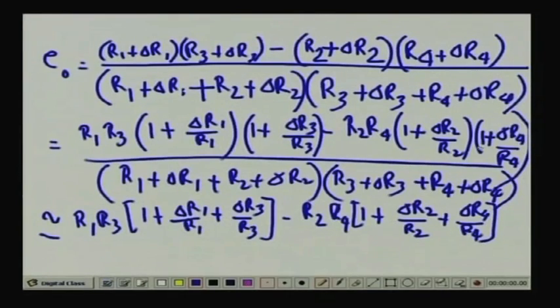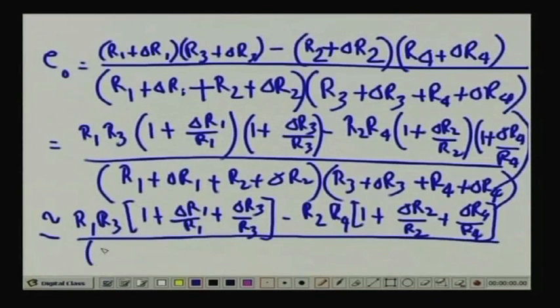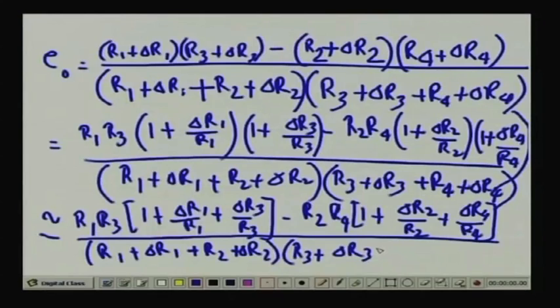Here also we neglect the multiplication term, the product of delta R2 and delta R4, since this will be quite small, upon the same denominator R1 plus delta R1, R2 plus delta R2, R3 plus delta R3, R4 plus delta R4, clear.